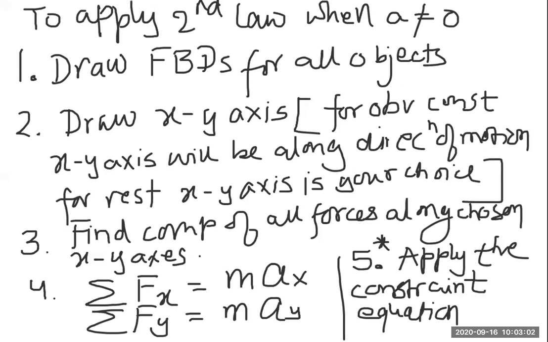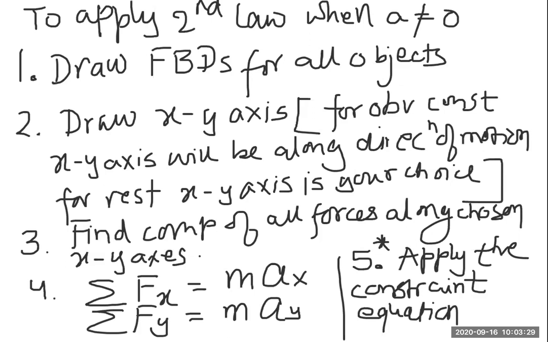So I'll go from step 5 to step 1. I have put a star here because you don't need to do this in every problem. If it is an obvious acceleration problem, if obviously we can see everything, then I don't need to write the constraint equation, right? What a constraint equation is, will discuss later.